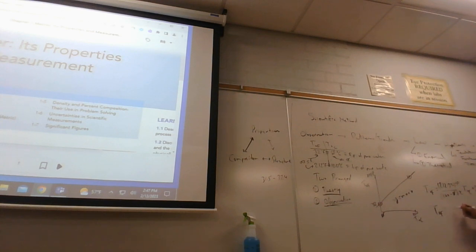Temperature in degrees Fahrenheit is equal to 9/5. 9 would be in degrees Fahrenheit, 5 would be in degrees Celsius, times the temperature in degrees Celsius plus 32 degrees Fahrenheit. Does this equation look familiar? A lot of people memorize this, but in simpler form.